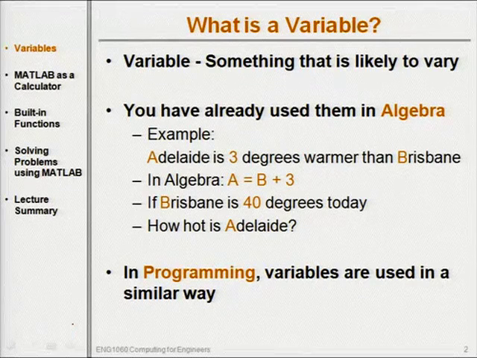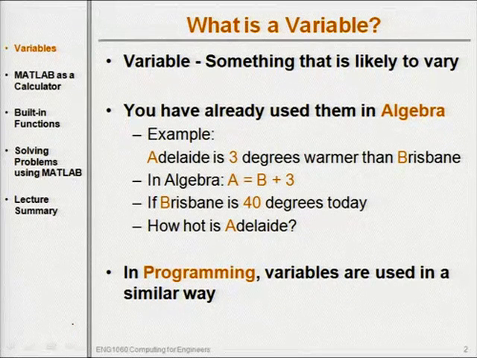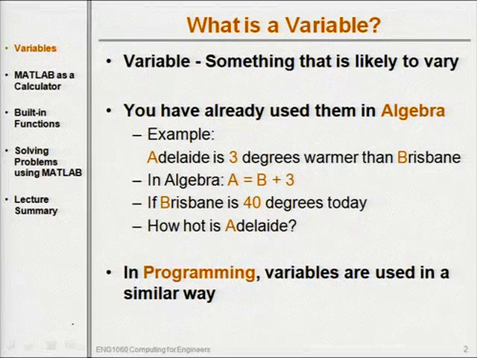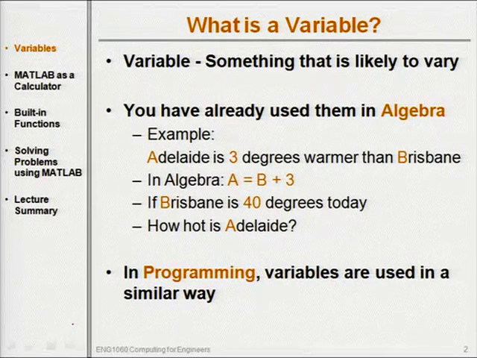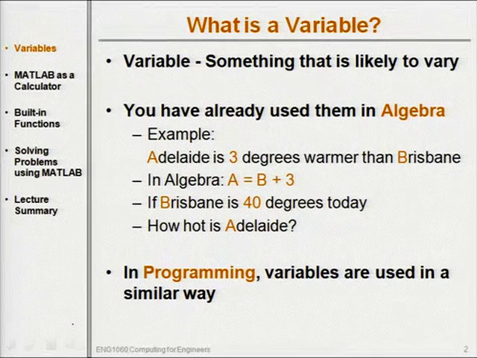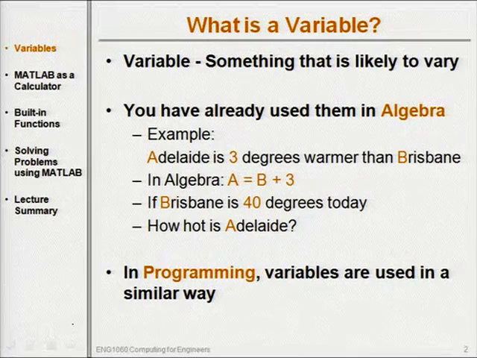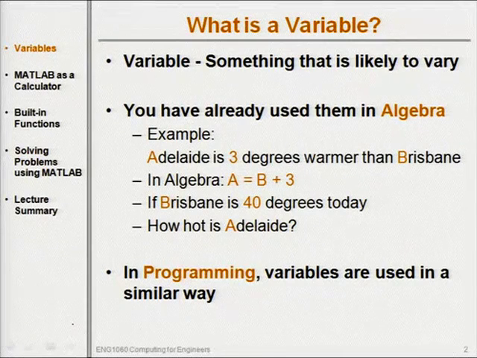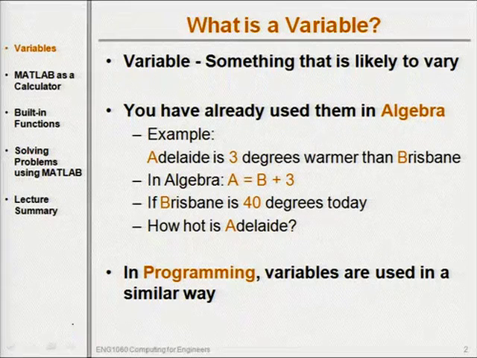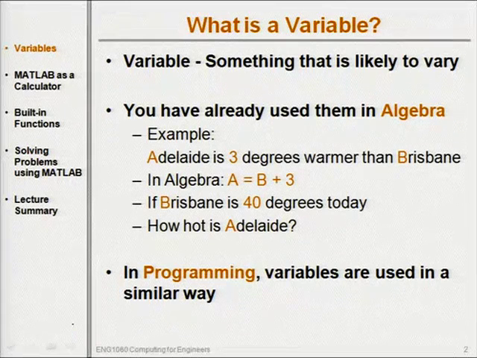So, jumping straight into MATLAB itself. The first thing that we look at is a variable. Now, a variable is actually the backbone of every programming language. It doesn't have to be MATLAB. In any language that you're going to write a program in, one of the most important things is a variable. Now, what is a variable? Obviously, the obvious explanation is something that is likely to vary.